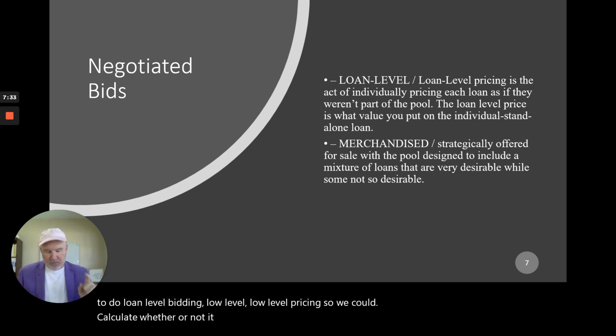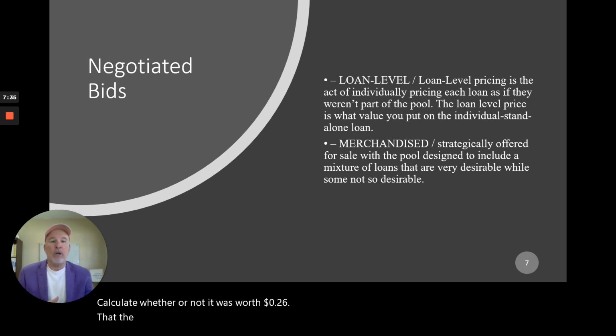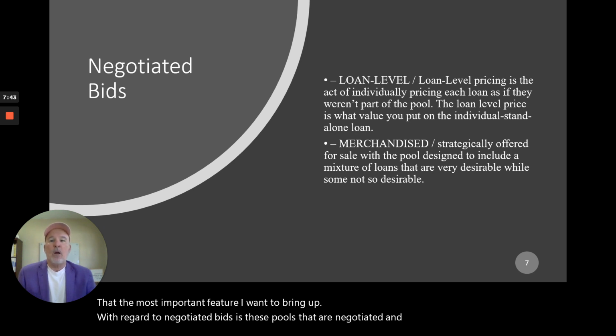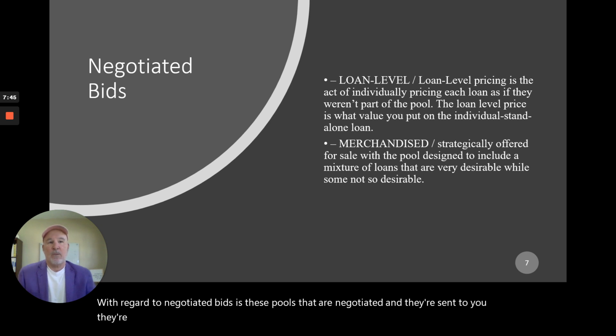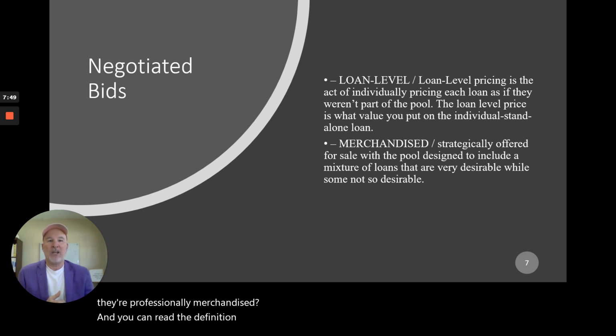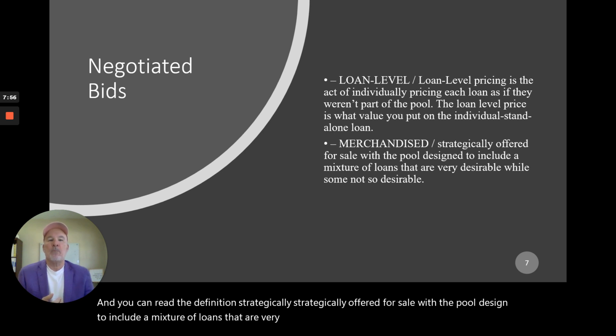Now, the most important feature I want to bring up with regard to negotiated bids is that these pools that are negotiated and sent to you are professionally merchandised. You can read the definition: strategically offered for sale, with the pool designed to include a mixture of loans that are very desirable, while some are not so desirable.